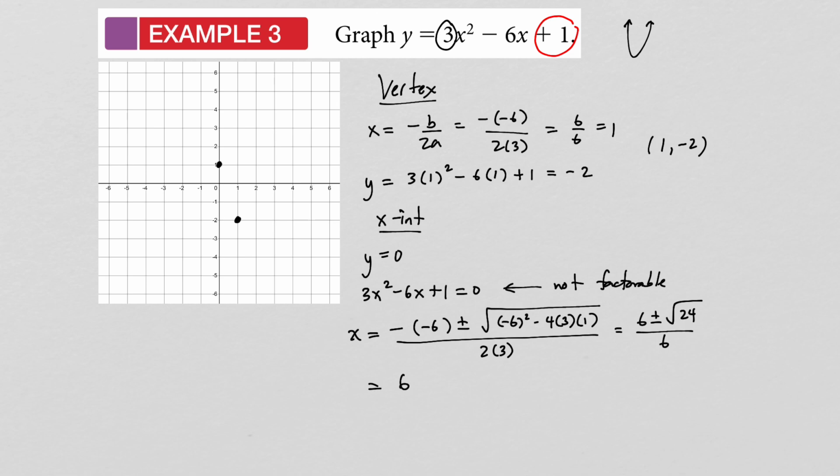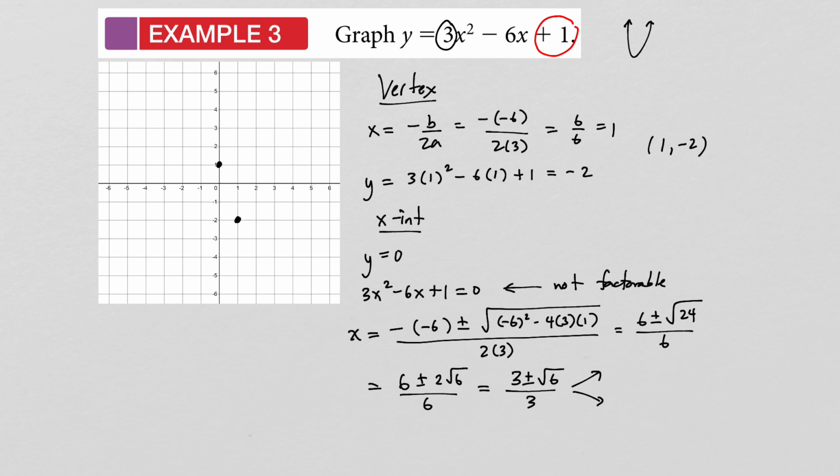Simplifying, we get 6 plus or minus. Now, to simplify the square root of 24, you can factor out 4. Square root of 4 is 2, so you get 2 square root of 6 divided by 6. Canceling a factor of 2, we get 3 plus or minus the square root of 6 divided by 3. And this is two numbers, but these numbers are going to be decimals, okay?